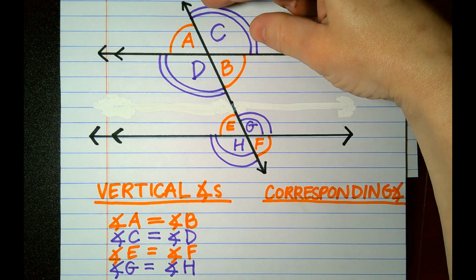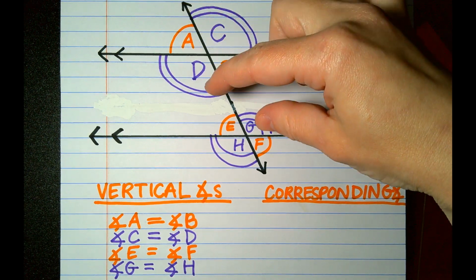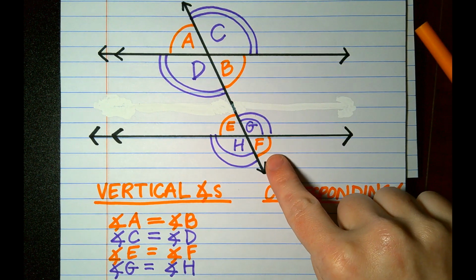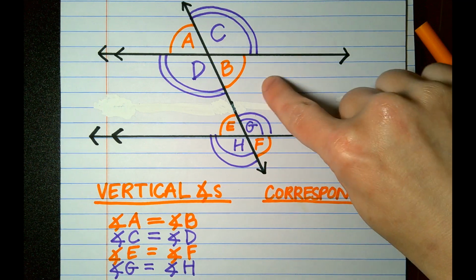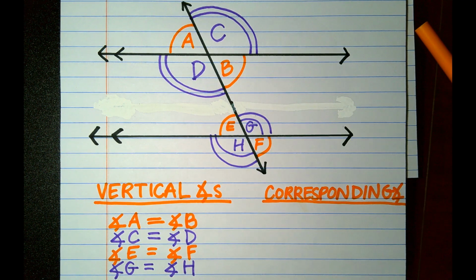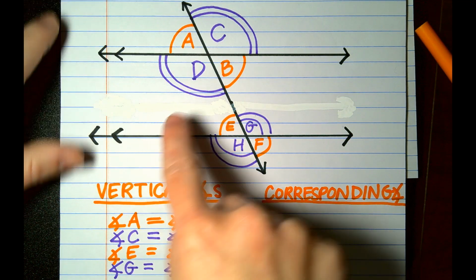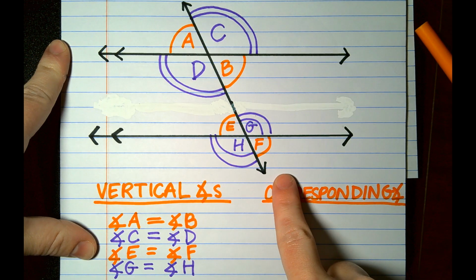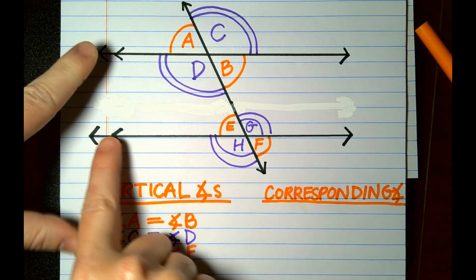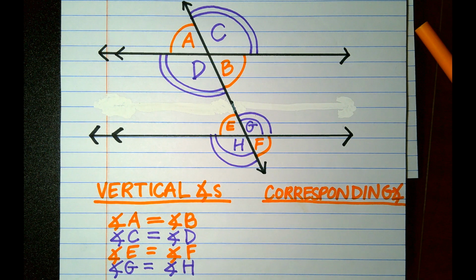So you can see that angle C is in the same spot as angle G, just higher up. Angle F is in the same spot as angle B, just lower. It's the same angles, just in a different spot. And that's because these lines are parallel. So when this transversal goes through it, it's going through at the same angle, since the lines are parallel.